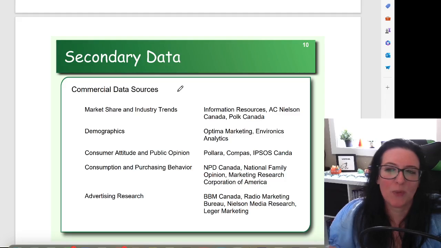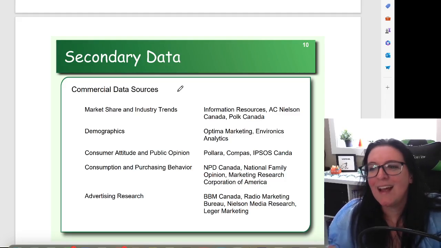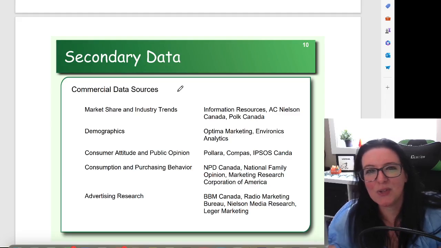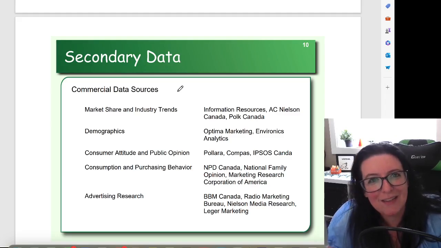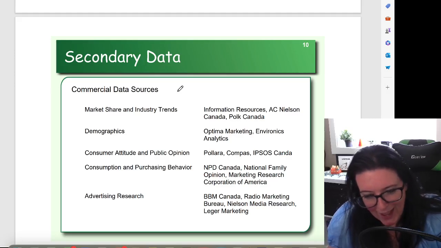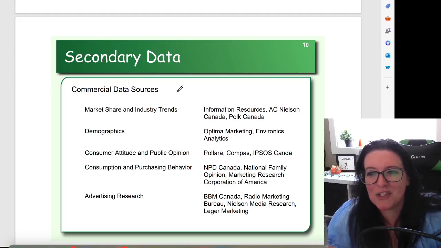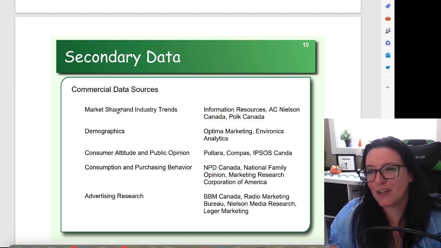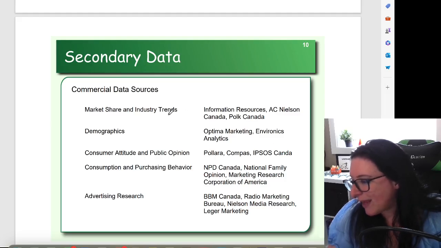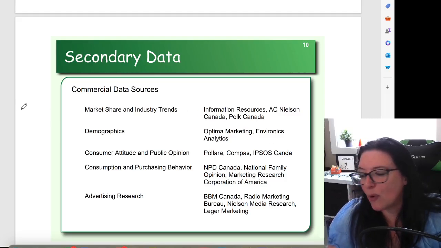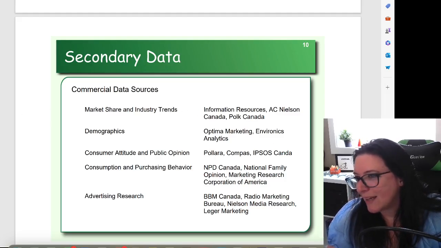If you want information related to advertising and how much it costs for ads, who's viewing what ads, who's viewing what TV shows, so you know whether or not you want to advertise related to that TV show, you can pay these organizations for information that they have collected. So we can have commercial data sources for our secondary data.